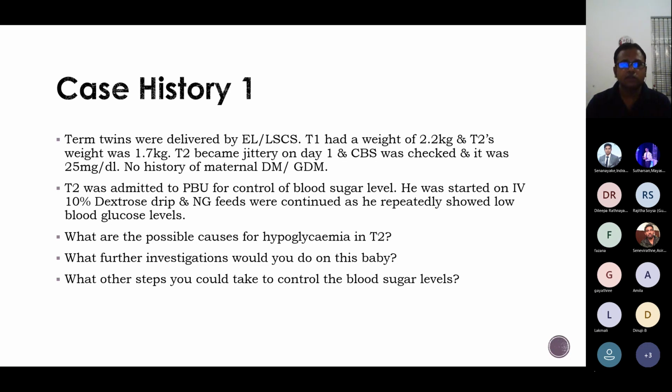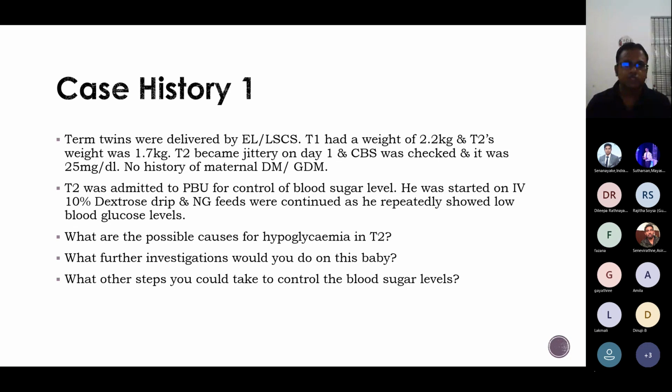There is no history of maternal diabetes mellitus or gestational diabetes mellitus. This T2 was admitted to PBU for the control of blood sugar levels, and he was started on IV 10% dextrose drip, and we have also continued NG feeds.